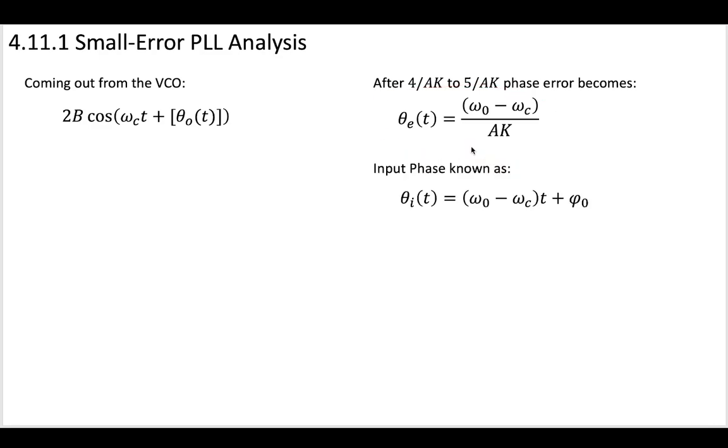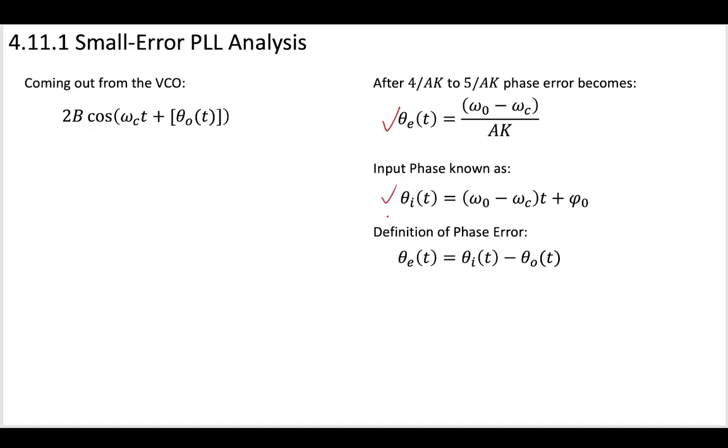And we remember that the input phase was given as this. This was the input phase that we rewrote when our input had some omega naught that was not equal to the VCO free running frequency, and also some phase difference as well. So based on the definition of phase error that we now see, we have the error in the time domain.